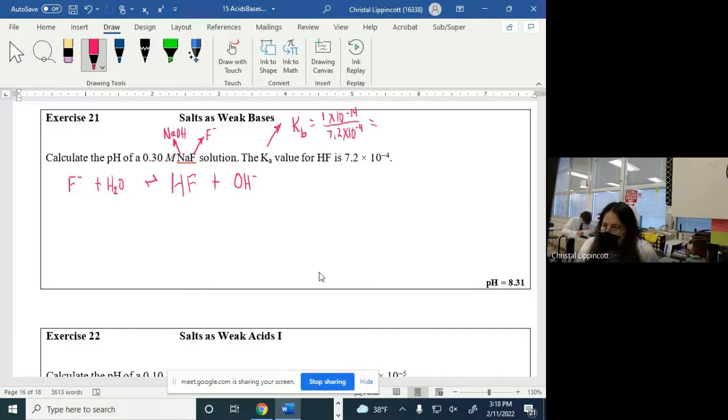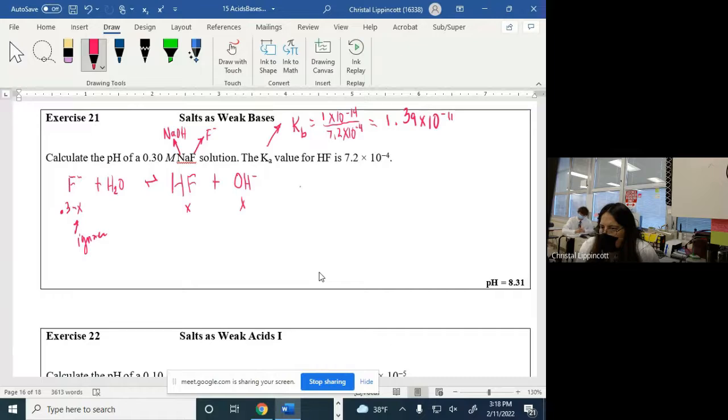All right. I got 1.39 times 10 to the minus 11. This guy is going to be 0.3 minus x. We're going to ignore our x, and we're going to have x and x here.